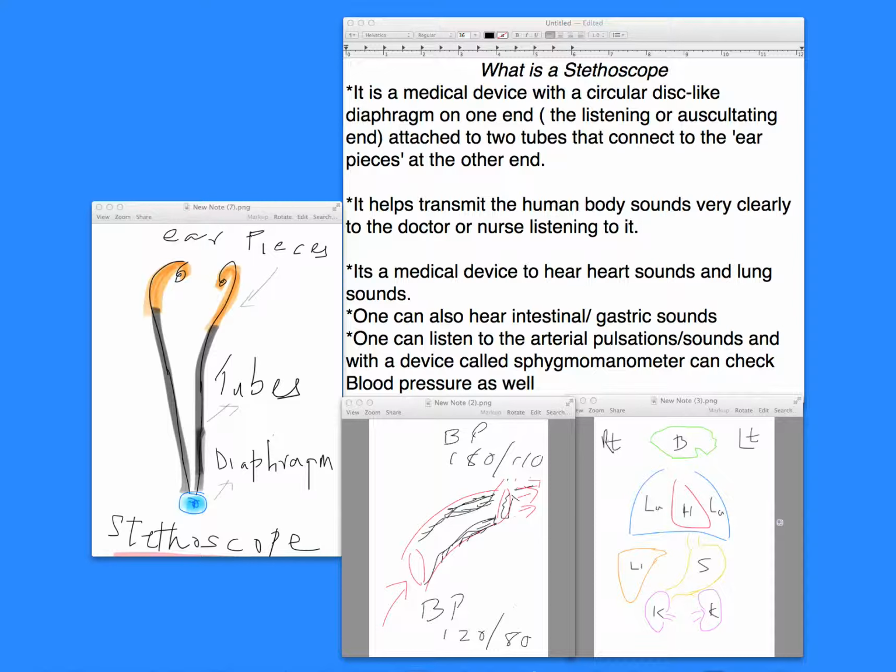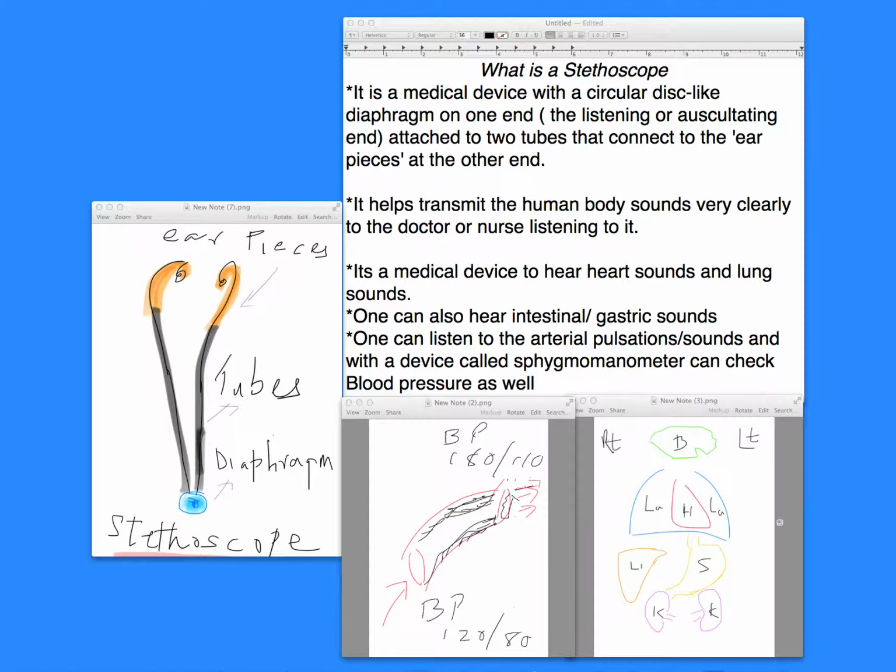Sometimes you can also hear the kidney artery sounds. Remember, all sounds that are transmitted within the human body can be listened to via this diaphragm, and the sounds travel on either side of these tubes to either side of your ears, and the doctor can hear what's going on inside your human body.